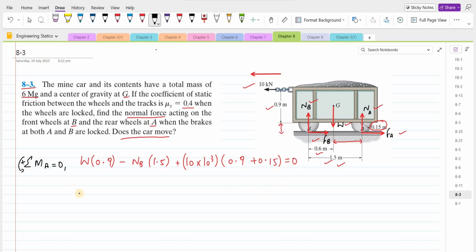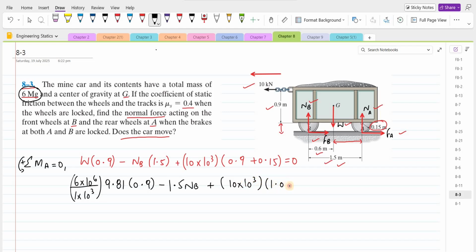If we substitute the known values, we have weight as mass times 9.81, and the mass is 6 megagrams, so we have to convert it into kilograms: 6 times 10 to the power 3, times 9.81, times 0.9, minus 1.5 NB, plus 10 to the power 3 times 1.05 equals 0.